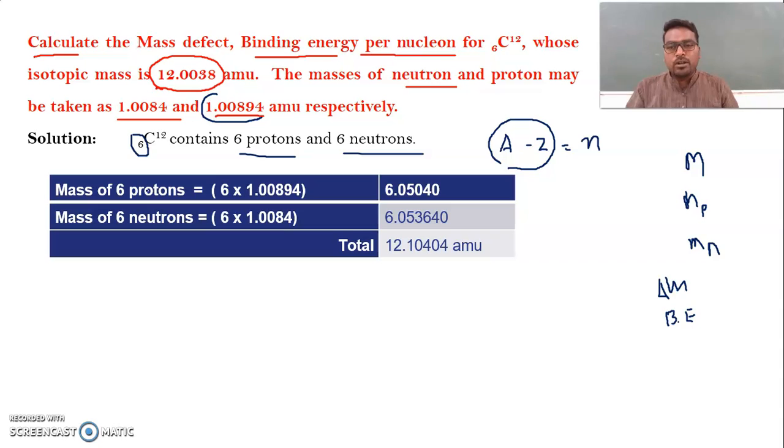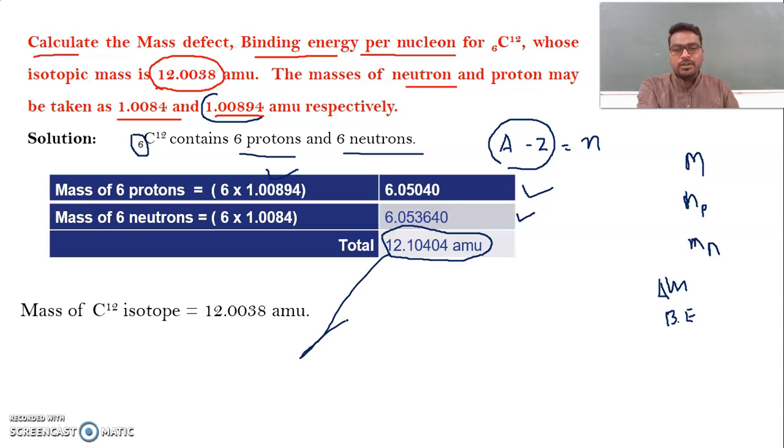So there are 6 protons present. The mass of one proton is 1.00894. If you multiply, you will get this value. And there are 6 neutrons, each mass is 1.0084. So we get 6.0553640. This is the total mass of the individual nucleons.